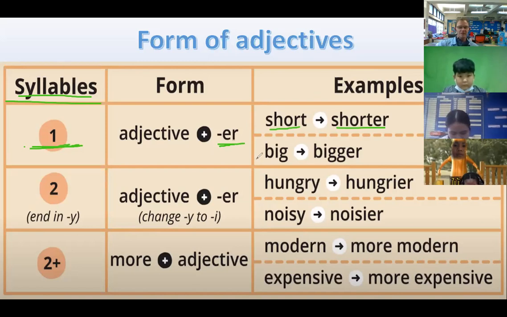The other rule is if the adjective ends with a consonant, vowel, consonant. Consonants are letters like B, C, D, G, H, J, K, L, M, N, Q, R, S, T. Those are consonants, and our vowels are A, E, O, U, I. So if it ends with a consonant, vowel, consonant, we double the last letter and we add ER.